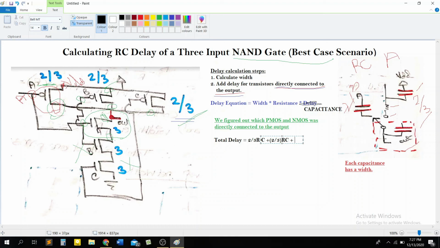And then we're just gonna do that again. And that was for our 3 PMOS. And finally, we have the one output capacitance here, the drain one, for our 1 NMOS. And that is going to be basically 3 RC. So our answer is going to be 2/3 plus 2/3 plus 2/3, which basically means 2 RC plus 3 RC. So we're going to get 5 RC as our total delay.